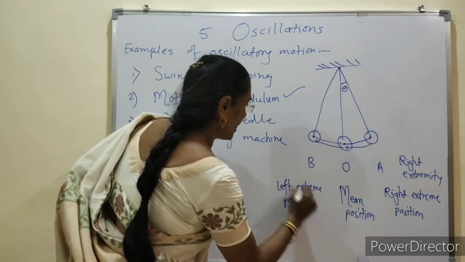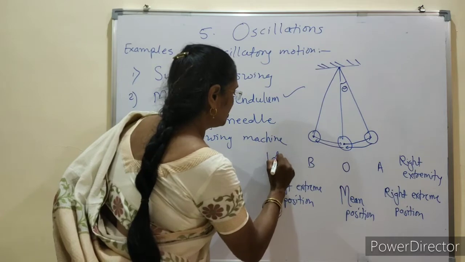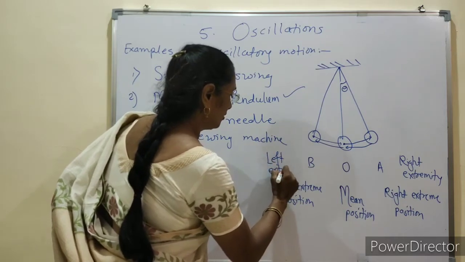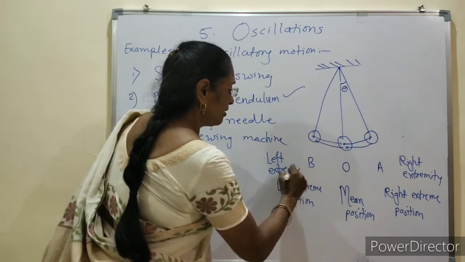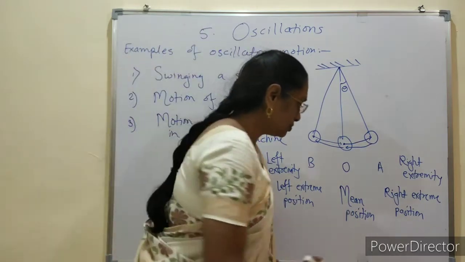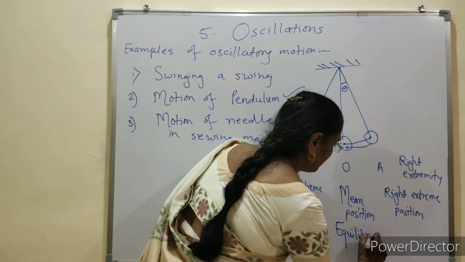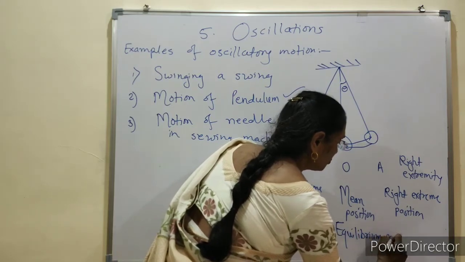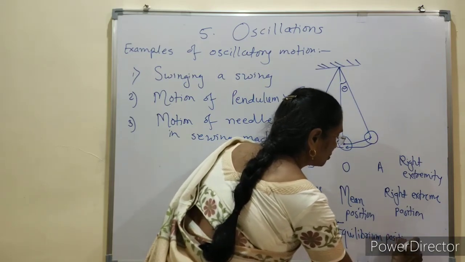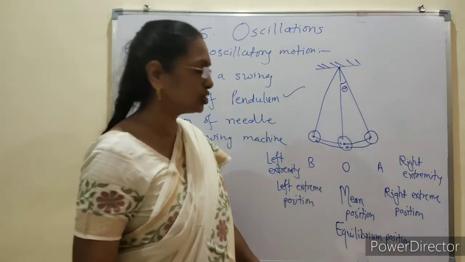Also it is called the left extremity. And the mean position is usually called the equilibrium position. You have to know all such terms which are related to the positions.